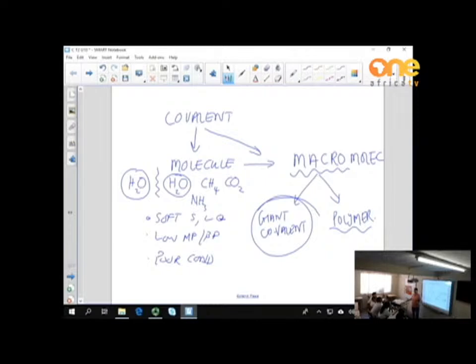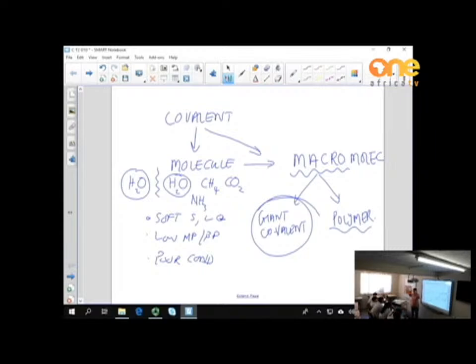I must break the chemical bond. So, we find that macromolecules are usually very hard substances. They have usually got much higher melting and boiling points, and their electrical conductivity will differ, as we will see in the examples that we will do.